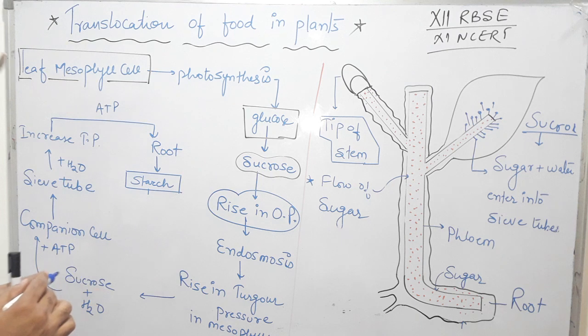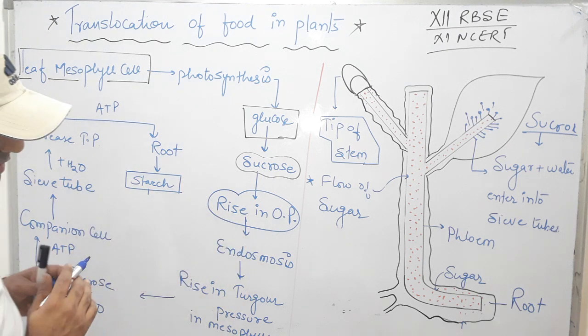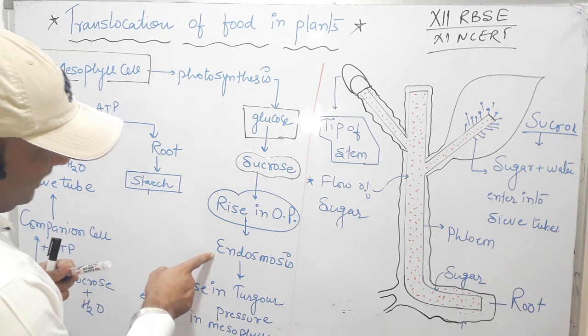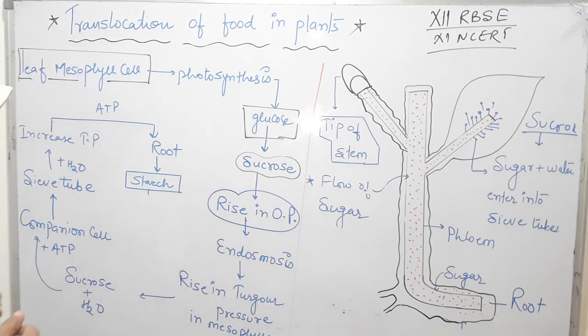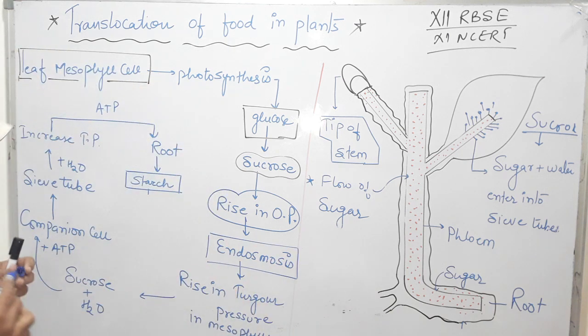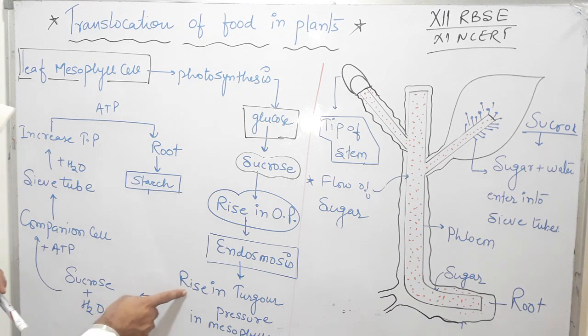So the mesophyll cell osmotic pressure increases, and due to this, endosmosis takes place, so water enters into the cell and it raises the turgor pressure in the mesophyll cell.